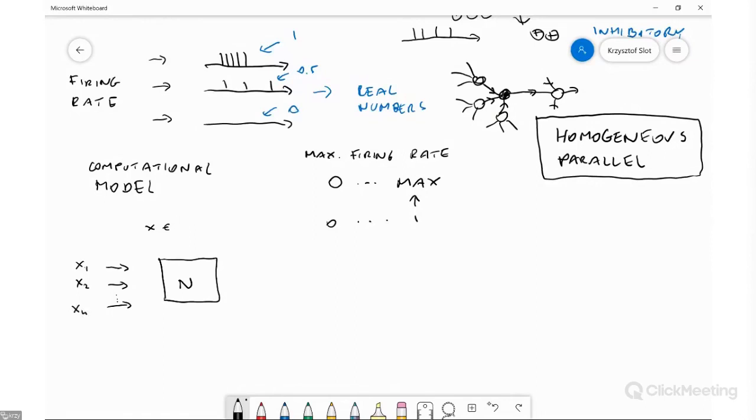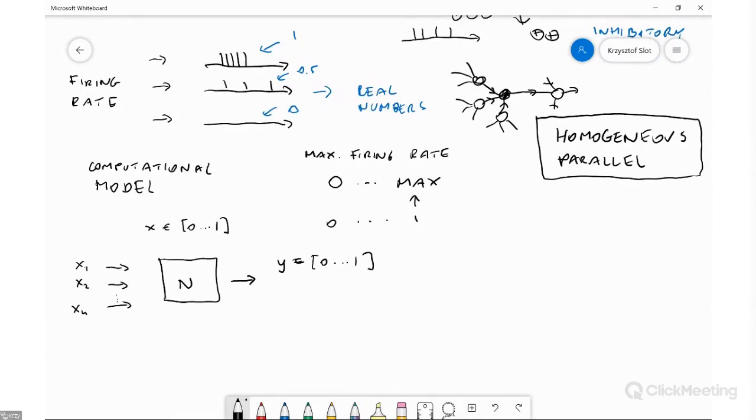And if it has n inputs, there will be n numbers, and each number will lie in an interval from 0 to 1. And obviously, a neuron will be outputting a value that also will belong to the same interval.